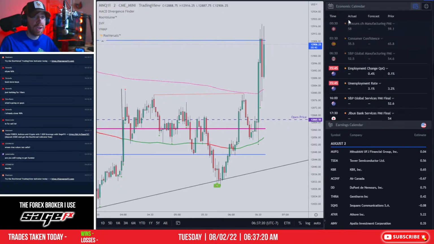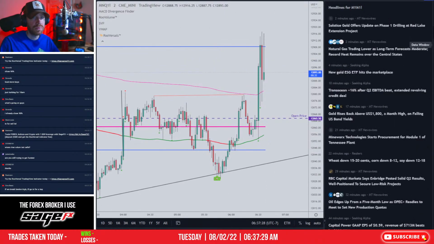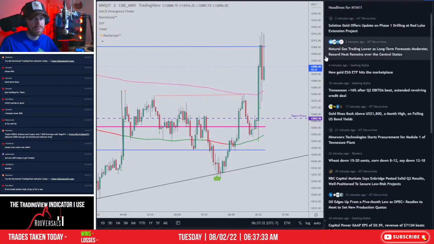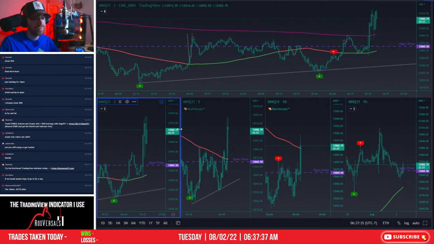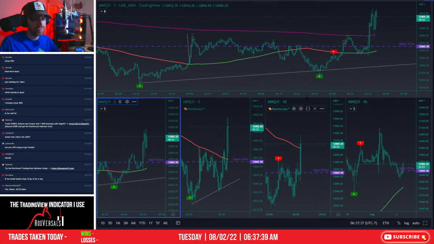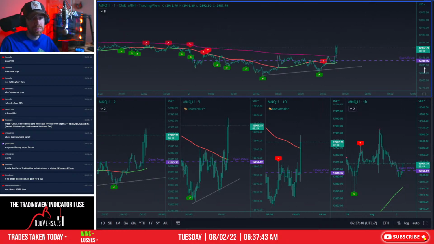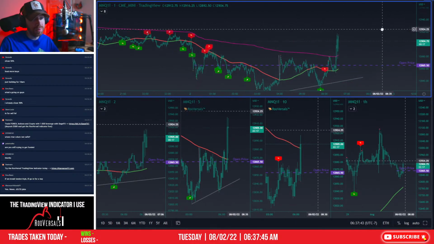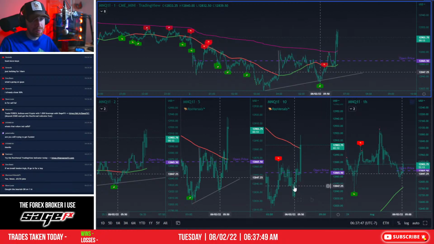Unless this economic calendar doesn't show what I'm trying to look for. This might be the moving average crossover, and we actually trend up the rest of the day.